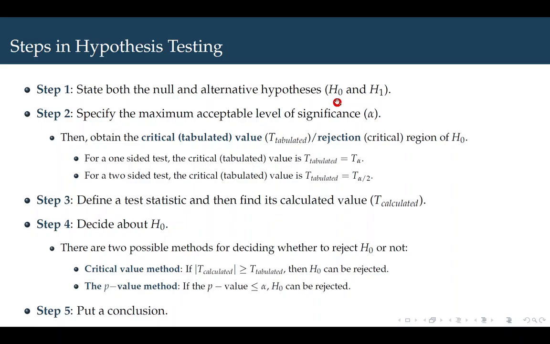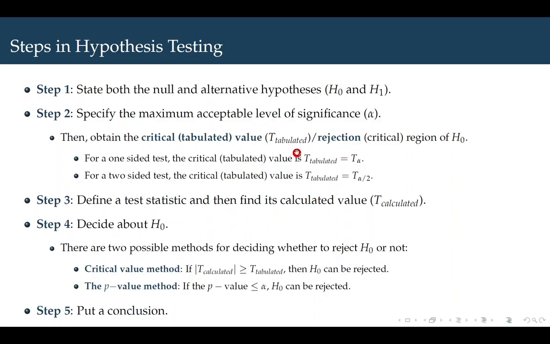First, we need to state the null and alternative hypotheses. Next, we need to specify alpha. Based on alpha, we need to obtain the tabulated value of the test statistic from the theoretical statistical distribution tables. And this is actually T alpha for a one-sided test and T alpha over 2 for a two-sided test.